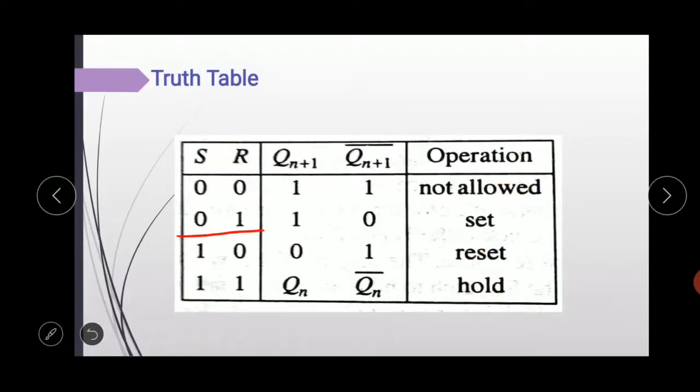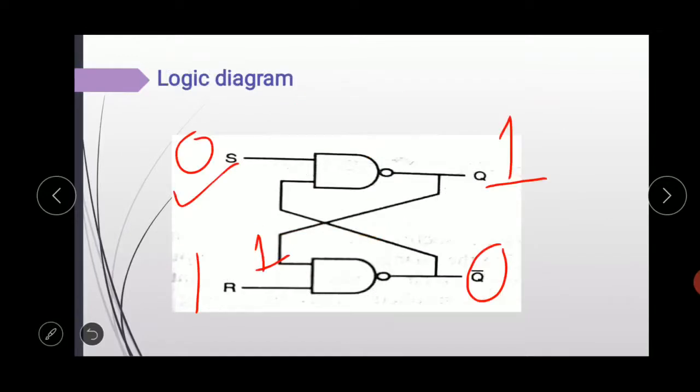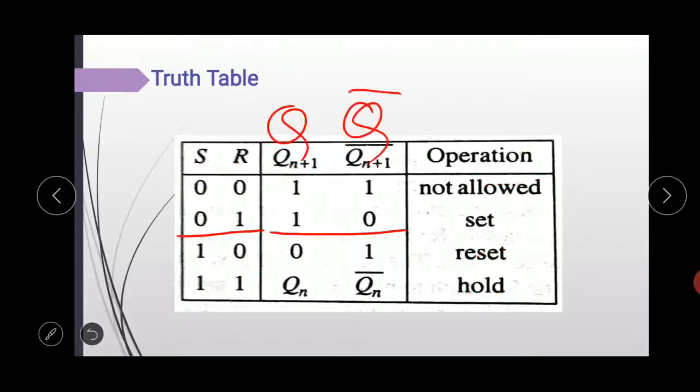See here, this one is Q, this one is Q bar. Q is 1 and Q bar is 0, and when Q is 1, it is a set operation.